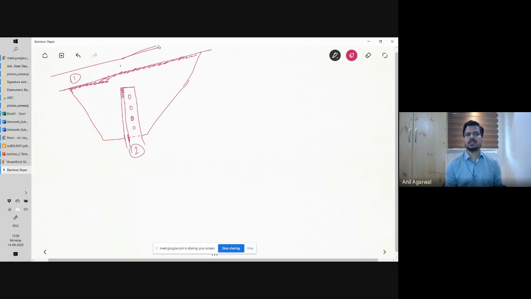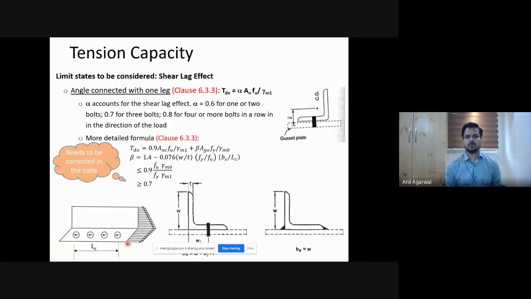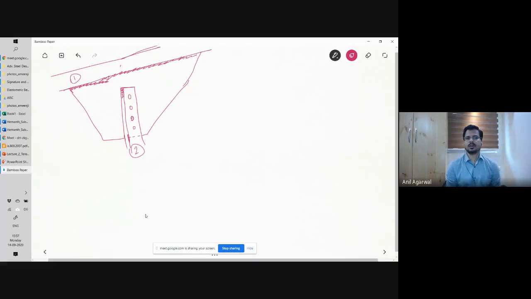This is a very easily doable connection detail where you just connect one leg of the two legs of the angle, and that's how you distribute the forces. That is much easier to make. If I had just a plate instead of an angle, this was one member, and I'm not going into the detail of what shape that member has.